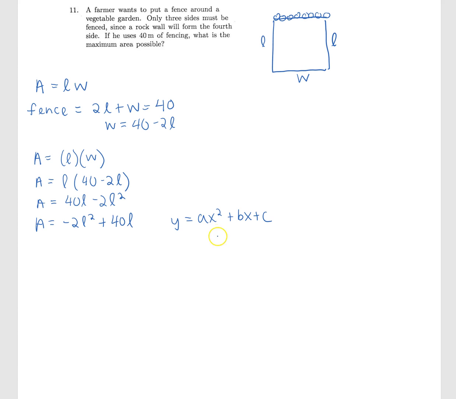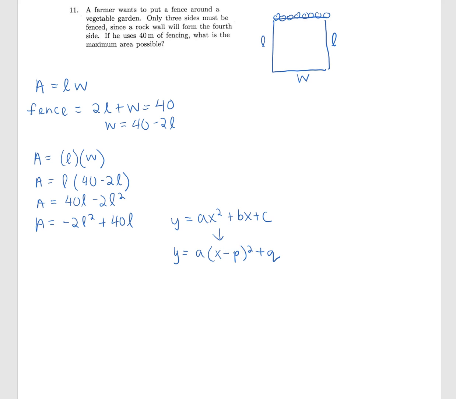So what we want to do is change it to the form y equals a times x minus p squared plus q, because that's going to be quite a bit easier to see where the vertex is. So from your notes, there are equations for how to translate each of these variables between the two functions.